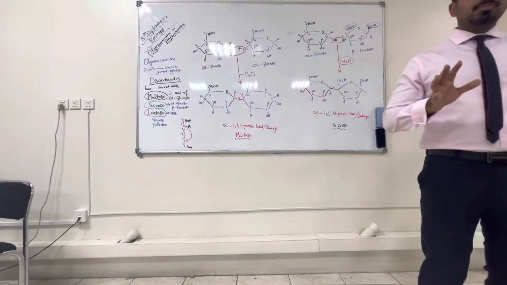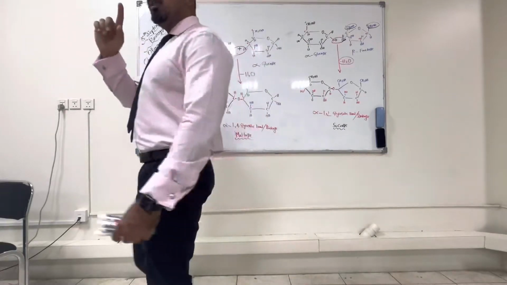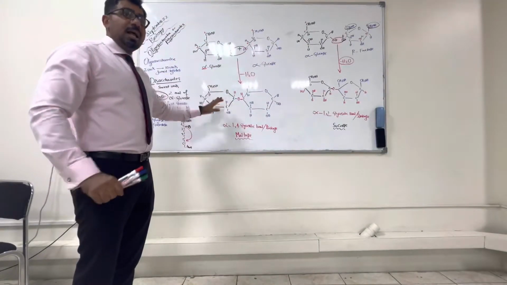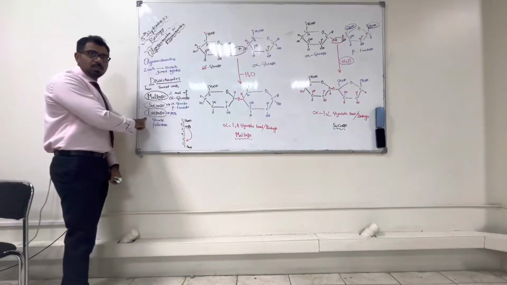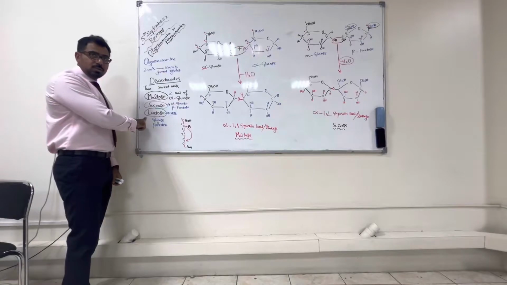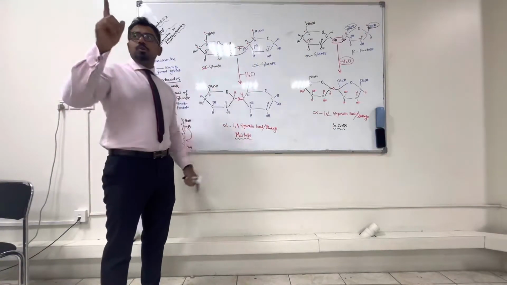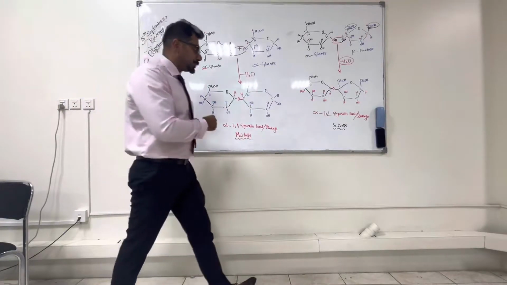Understood, everyone? Yes. Now, at home, you will draw these 3 times each, and you will make the structure of lactose. Now, I have already drawn the structure of glucose over here. For you, I am going to draw the structure of galactose here. Alright?